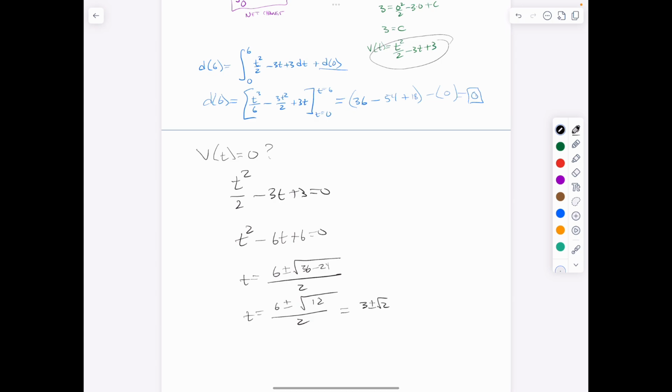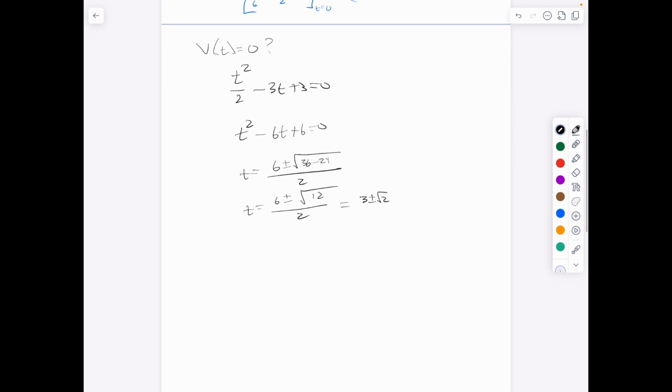Lovely. Okay, so if you had a timeline, this is t equals 0, t equals 6. Unfortunately, both of these numbers are in this range.